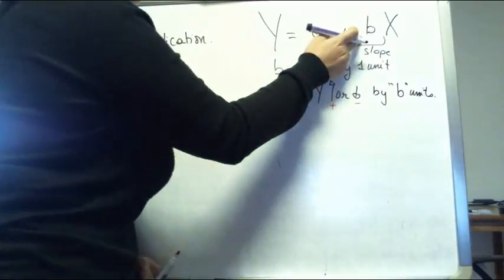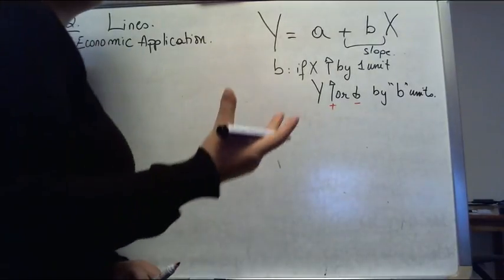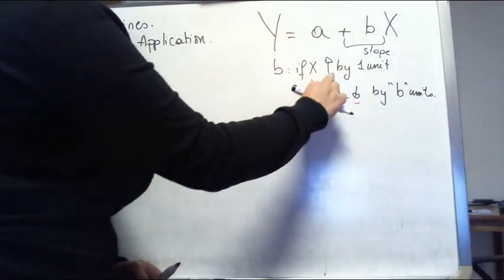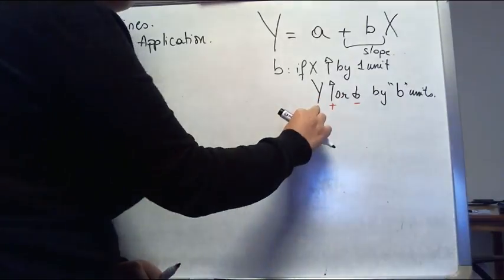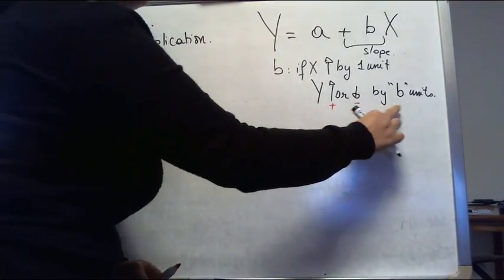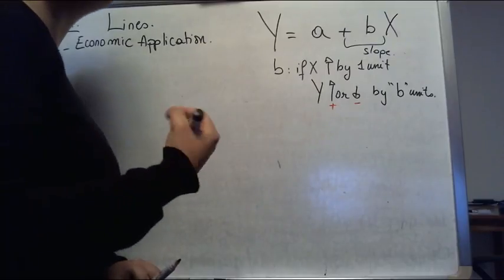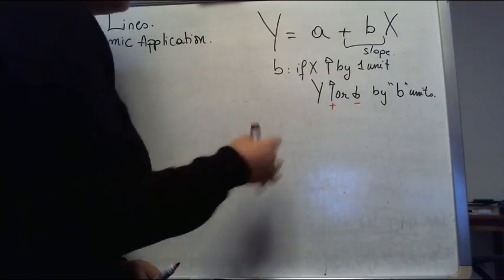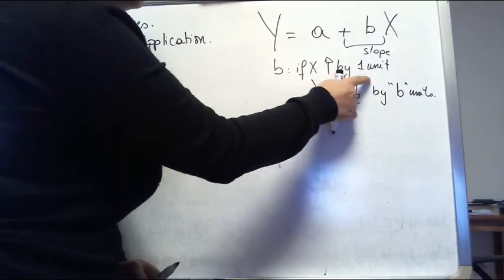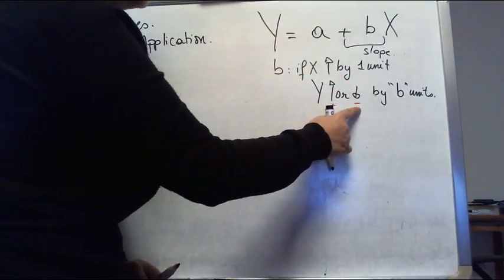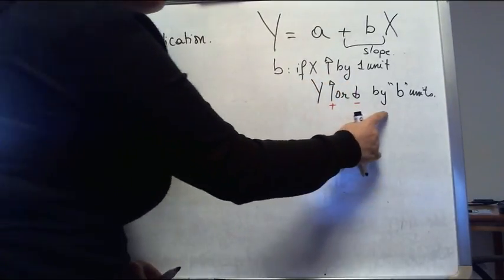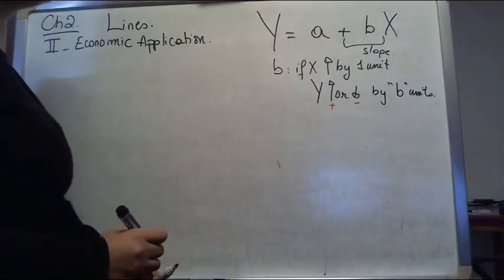So if b equals 3, if x increases by 1 unit, y increases by 3 units. If b equals minus 3, if x increases by 1 unit, y decreases by 3 units.